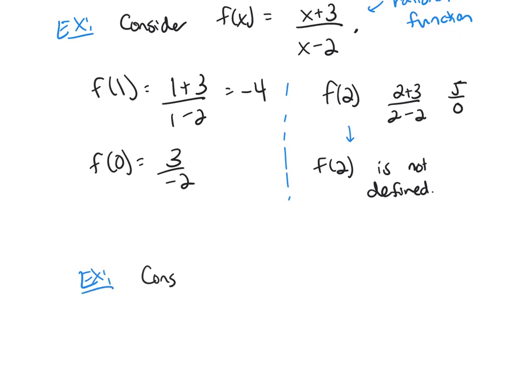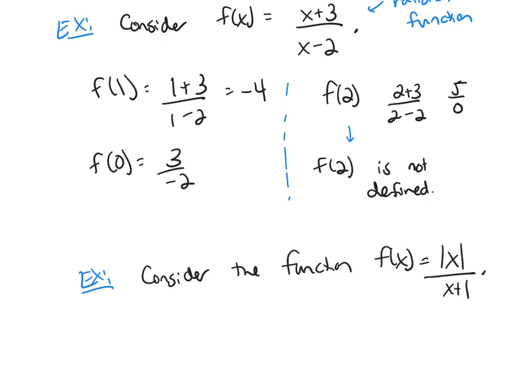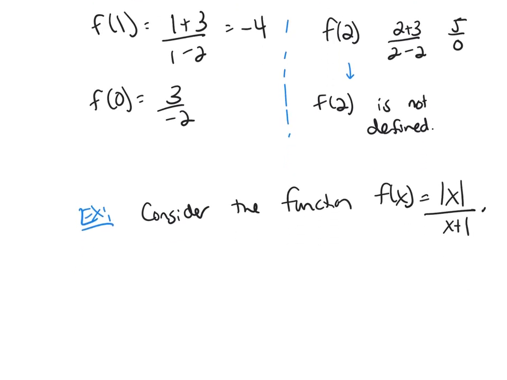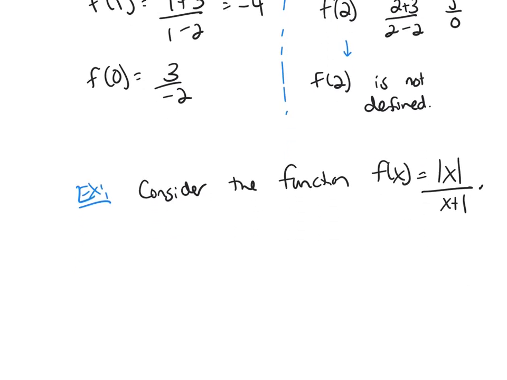Let's consider the function. It's going to be the absolute value of x divided by x plus 1. And let's plug in some values into this function too. So let's plug in 0 into the function. What are you going to get if you plug in 0?